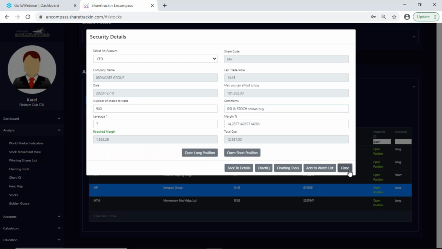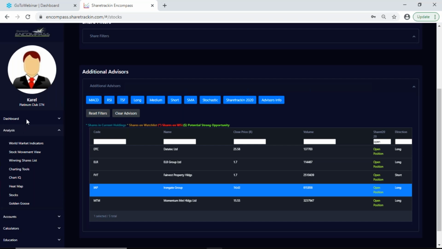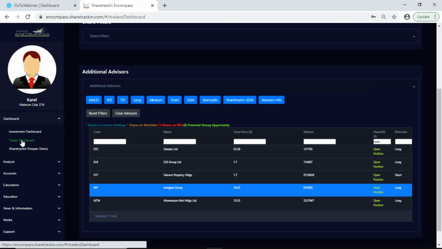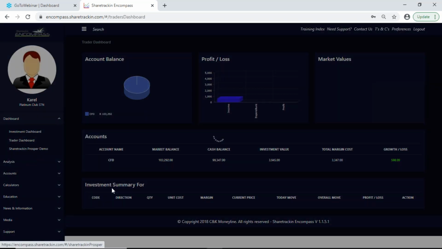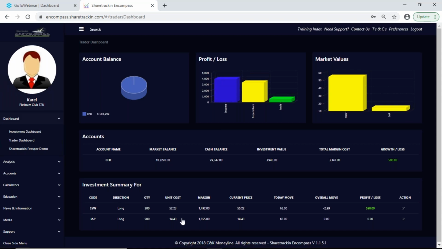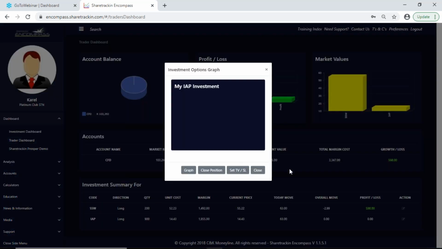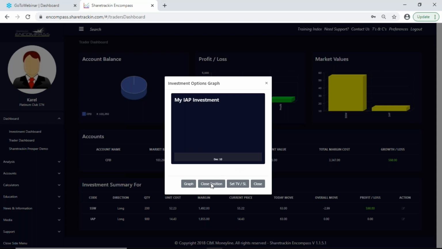So now if I close it and I go to my dashboard and I go to my trader dashboard, there's IAP. From here on, if I want to sell the share, I could just go to action and I could say close position.